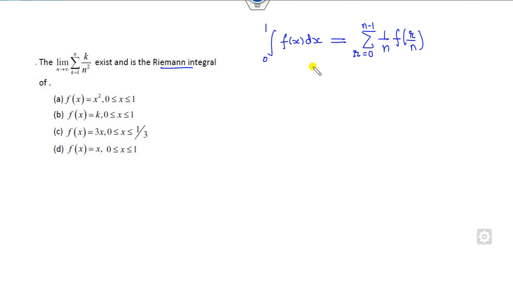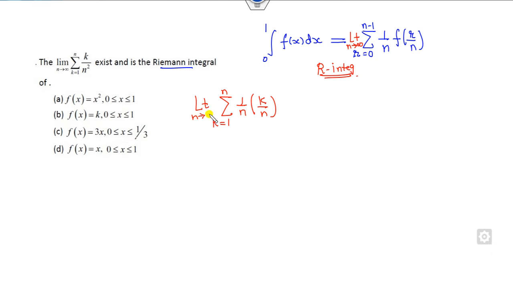You can easily say this if it is a Riemann integrable function. Now take the limit as n approaches infinity. This is a simple formula, but there is no need to think about that. I can simply write this as k varies from 1 to n, with 1 over n.